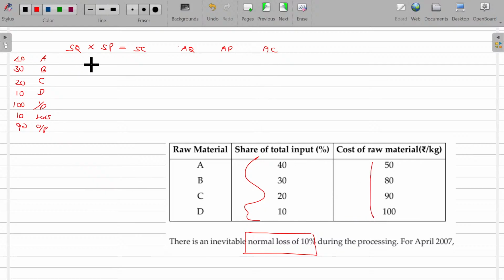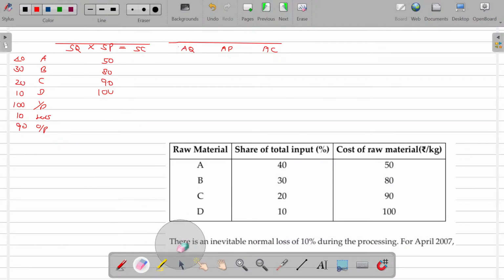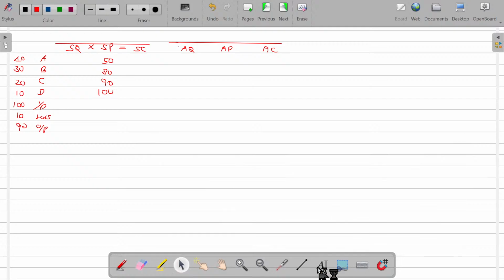Here the standard price for A, B, C, D being 50, 80, 90, 100. This is the standard detail; now I am going to post the actual detail here.